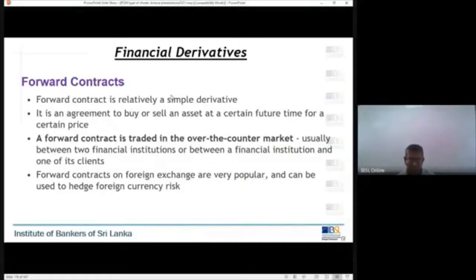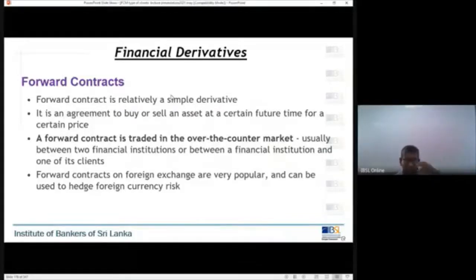Now forward contract means you are basically going to have a contract with a bank. For example, you import certain items, for an example, right? You export some items, right?